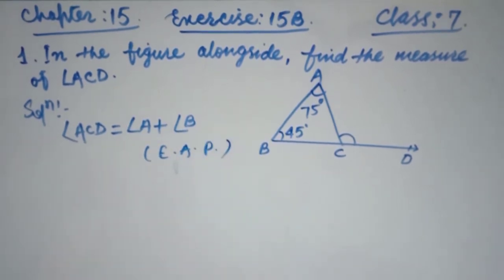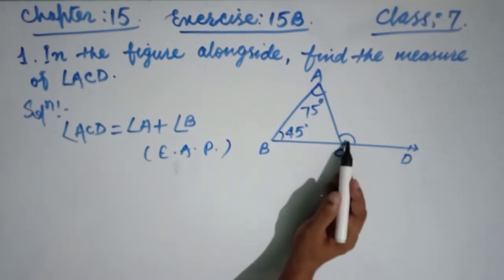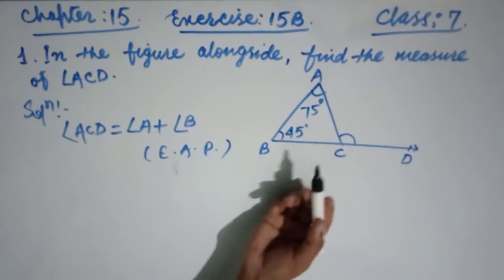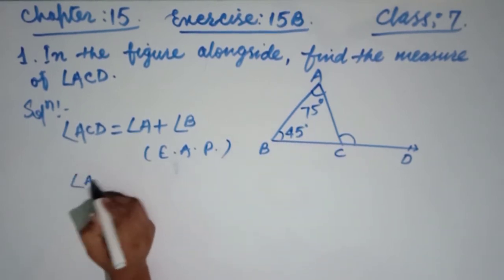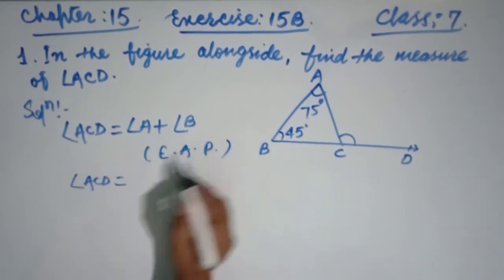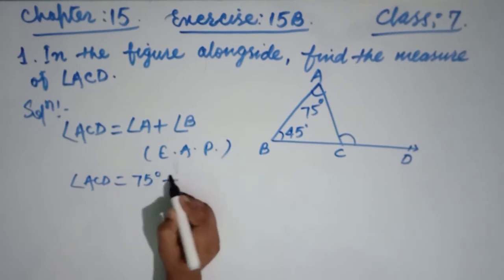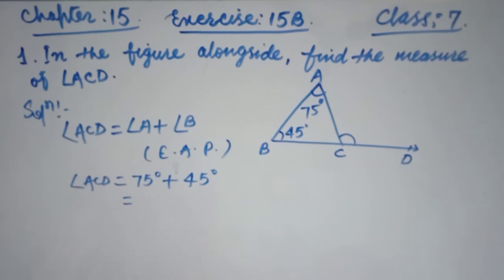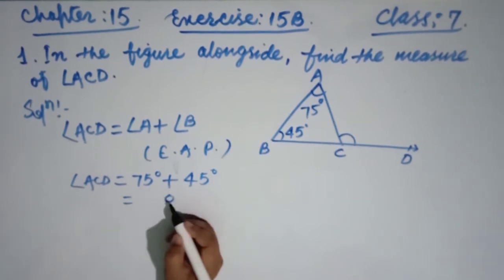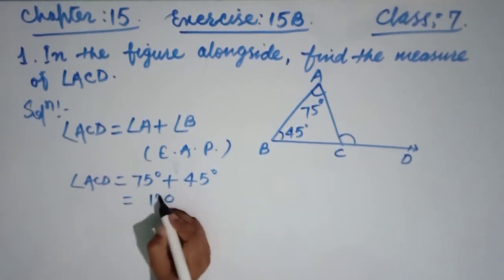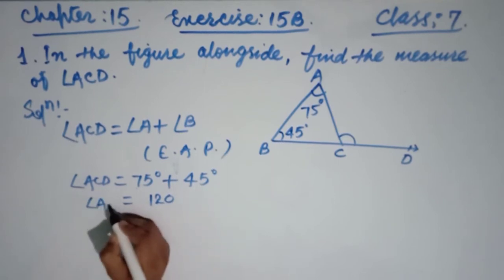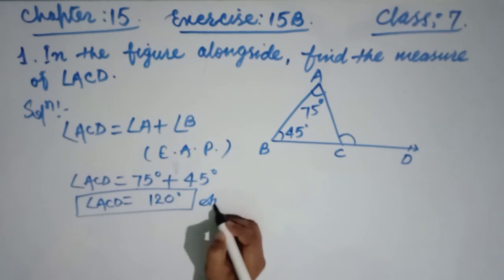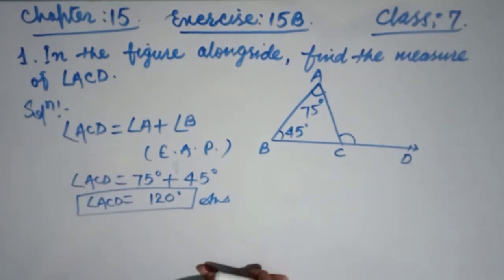The exterior angle of a triangle is equal to the sum of the two opposite interior angles. Now angle ACD is angle A, 75 degrees, plus angle B, 45 degrees. Now add them. 5 plus 5 is 10, 1 is carried. 7 plus 4 plus 1 is 12. Hence angle ACD is equal to 120 degrees. This is the answer to this question.